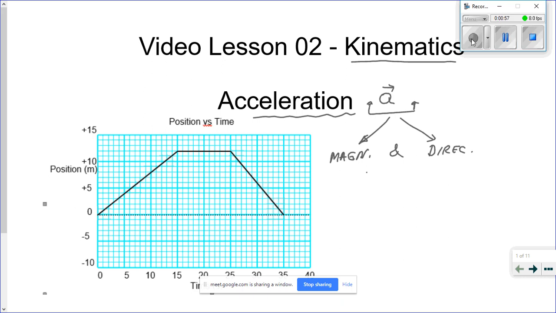Now, you have seen in Science 10 that velocity was the rate of change of displacement. So it is the change that the displacement is having at a certain time.